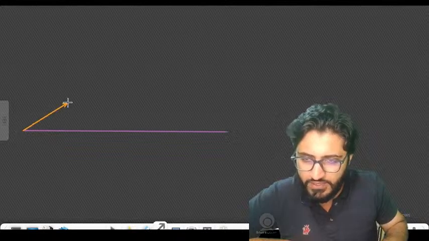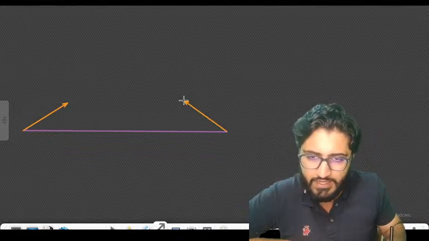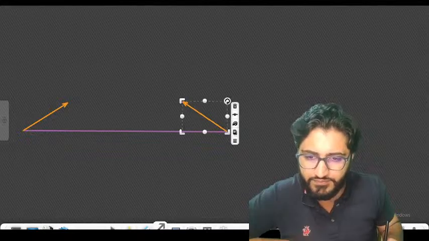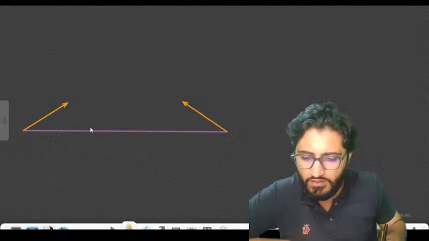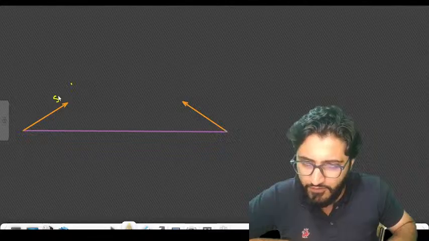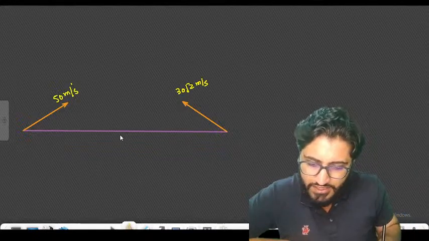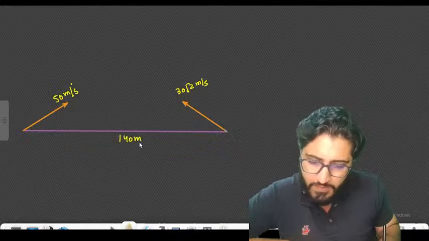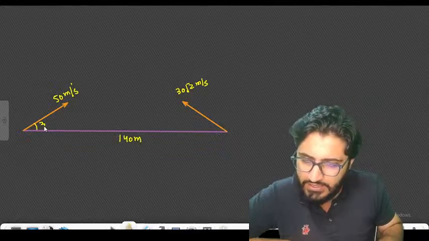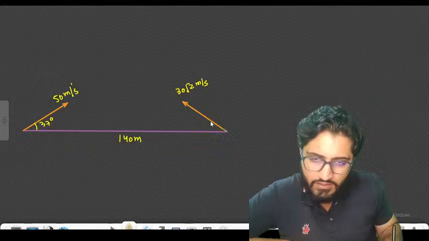Particle A from this end, particle B from this end. This particle with speed of 50 meter per second. This particle with speed of 30 under root 2 meter per second. Distance is 140 meter. This angle is 37 degree. This angle is 45 degree.